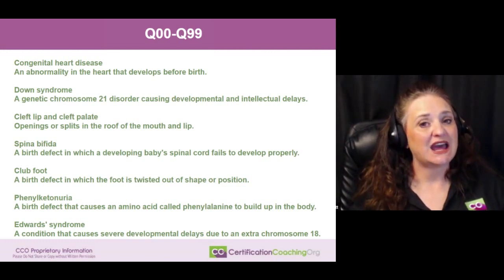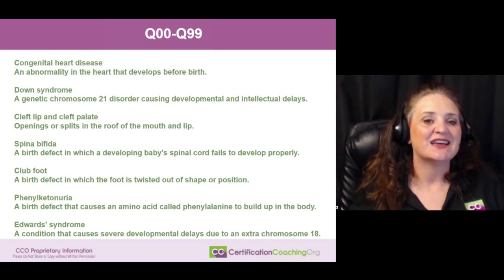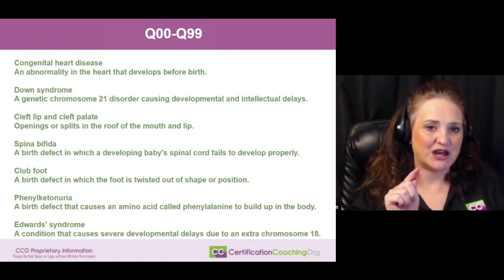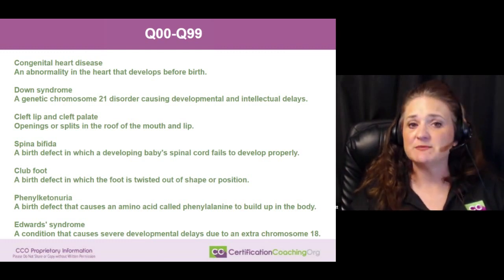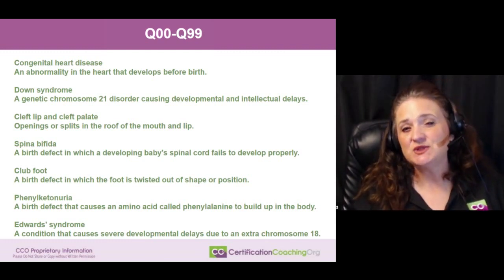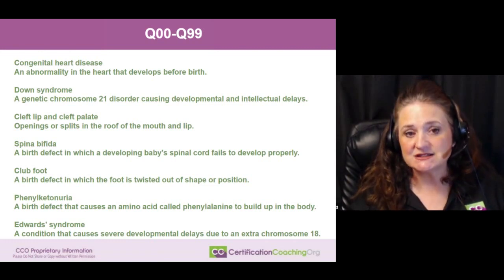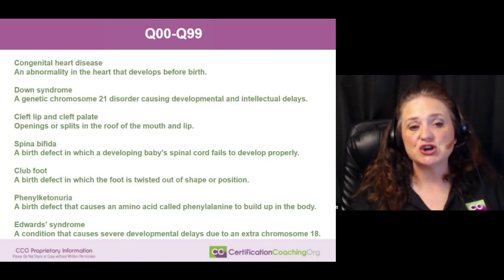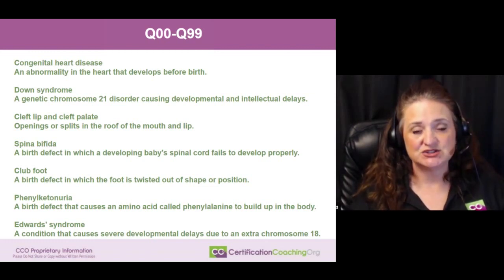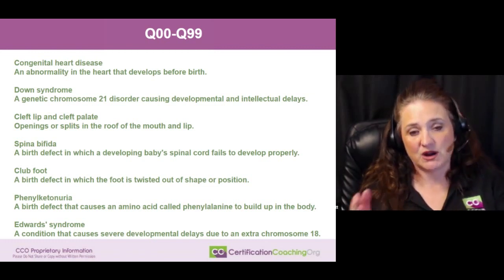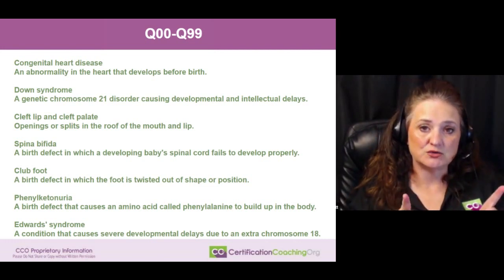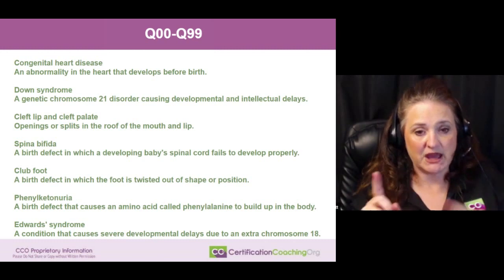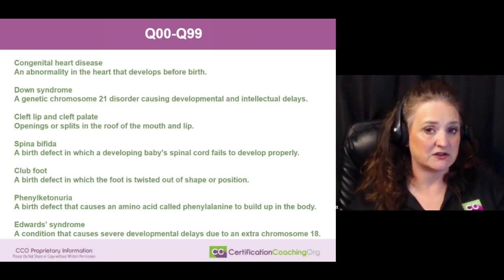When you're going to get tested on Q codes, they're usually going to pull out some type of heart anomaly or cleft lip and cleft palate. The reason they do that is because there are so many ICD codes for cleft lip and cleft palate. It is not just a cleft lip or a cleft palate. There are unique codes within cleft lip and cleft palate, and you can code them together.